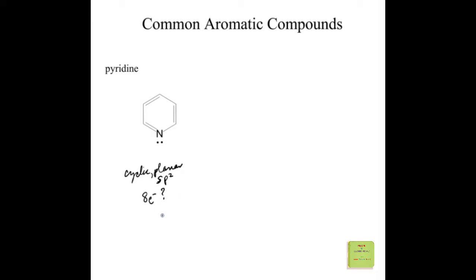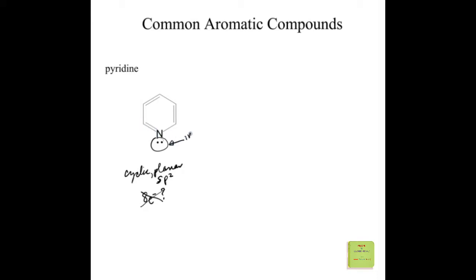Okay, yet pyridine is an aromatic compound, so we're making a mistake somewhere. So the mistake we're making is that we're not counting up all the electrons that we see. We're counting up only the electrons that are in the p orbitals, that are part of this system. This lone pair is not in a p orbital because this nitrogen already has a pi bond occupying that p orbital.